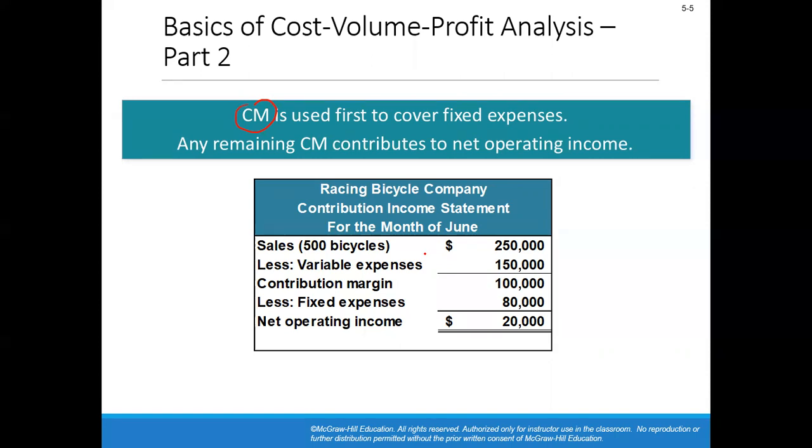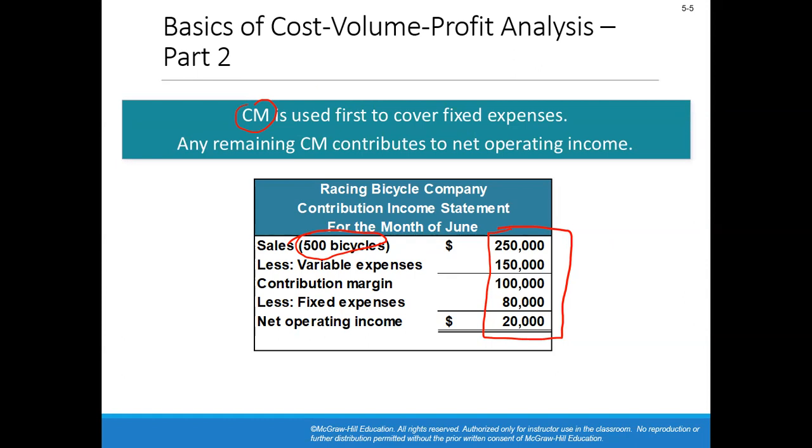Here we have expressed this number in total, for 500 bicycles. To make an analysis of CVP and express the relation of CVP, we can also use the unit basis sales price and unit basis variable expense.